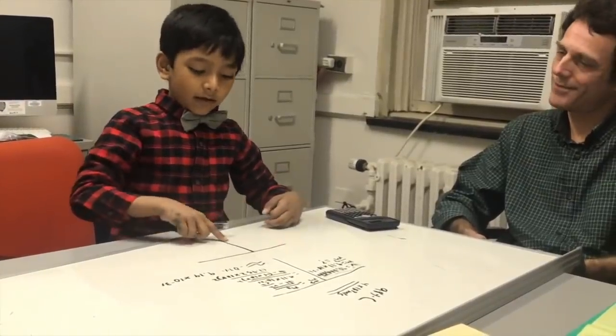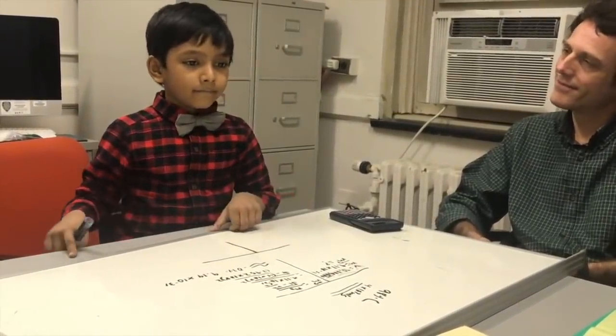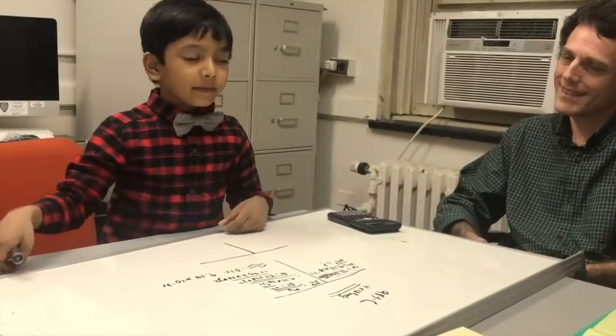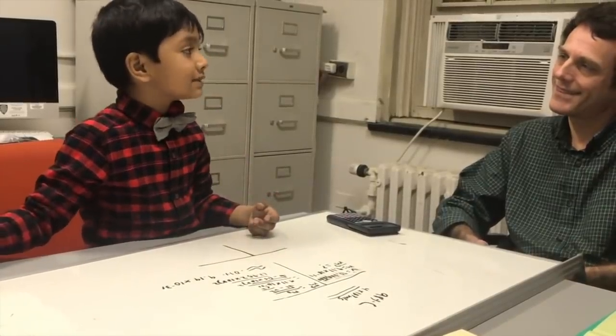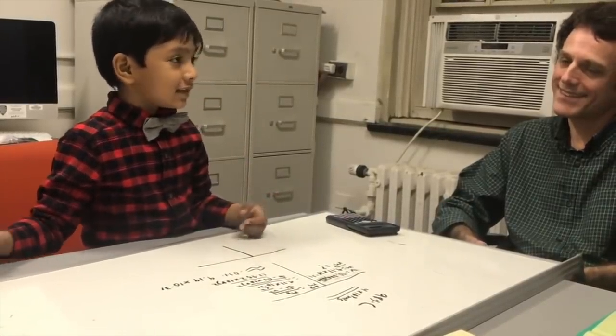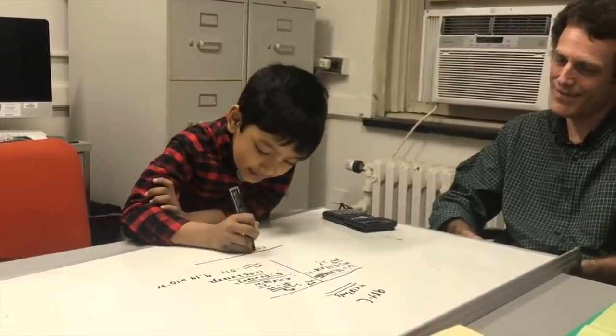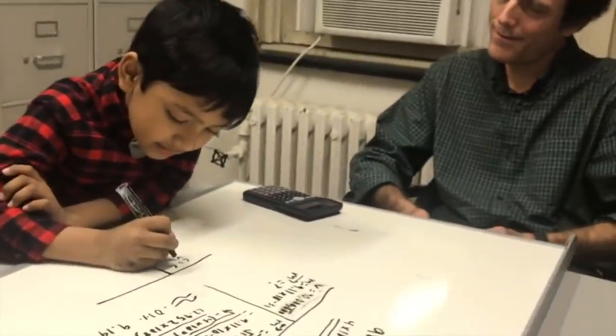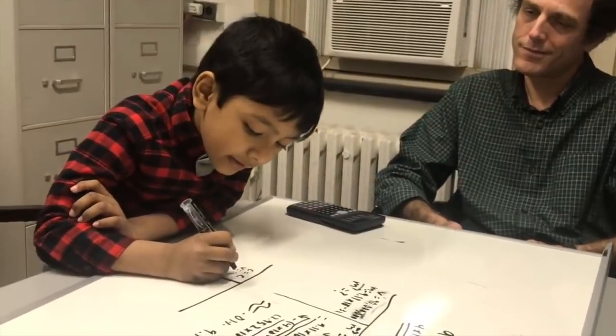I forgot the graph for it, though. It'll be 5 times its own rest mass. Is that right? Okay, let's see if that's right. V is 0.98 c.